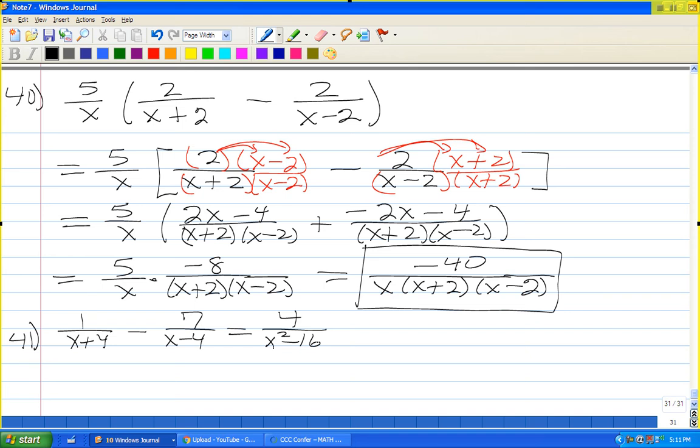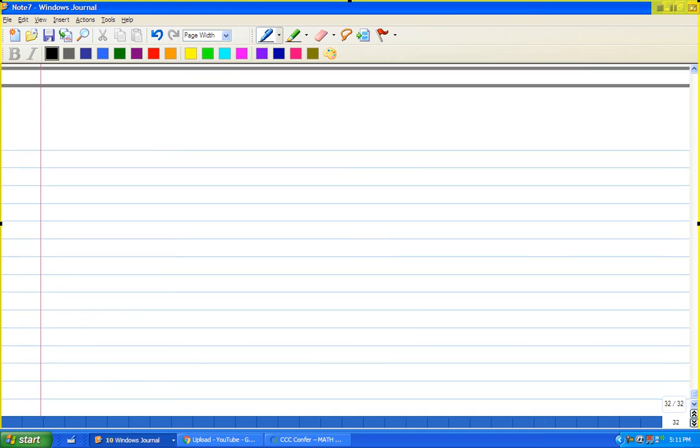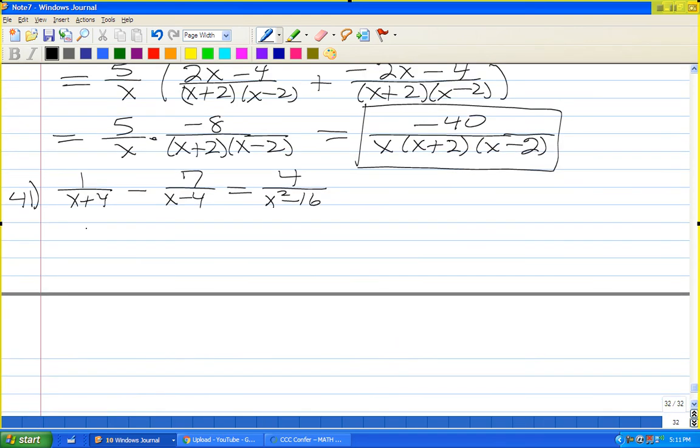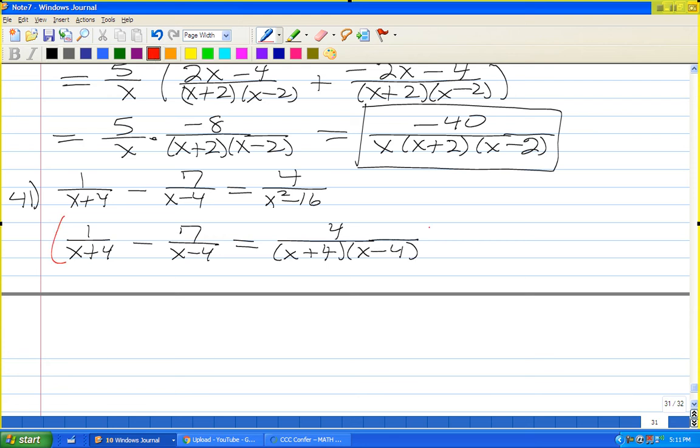Okay, so first off, let me factor the x squared minus 16. Again, it's just the difference of squares. So you have the product of the sum and difference of two terms. Let's multiply both sides of my equation by the least common denominator, x plus 4, x minus 4.